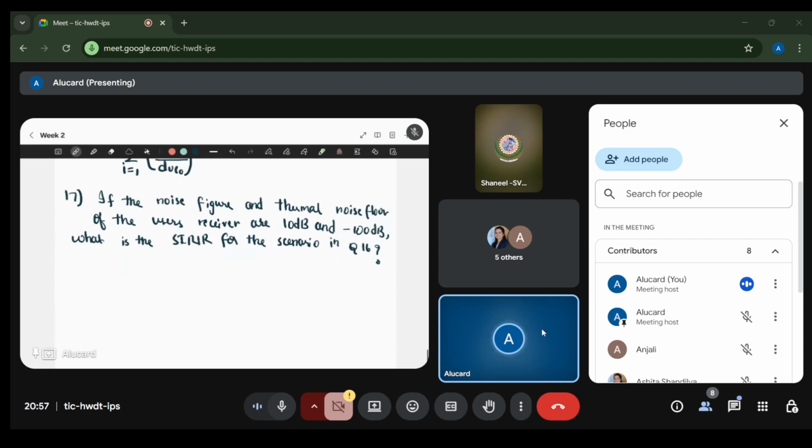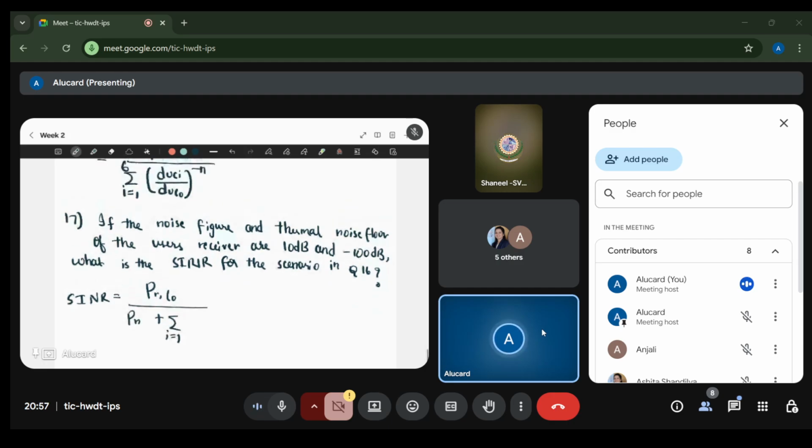This is simply just SNR, again it's P received by the user from the base station in its own cell divided by the noise power plus, again, the interference.